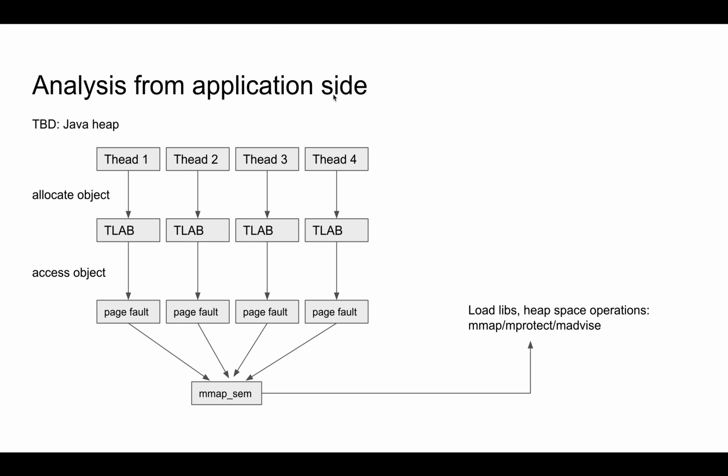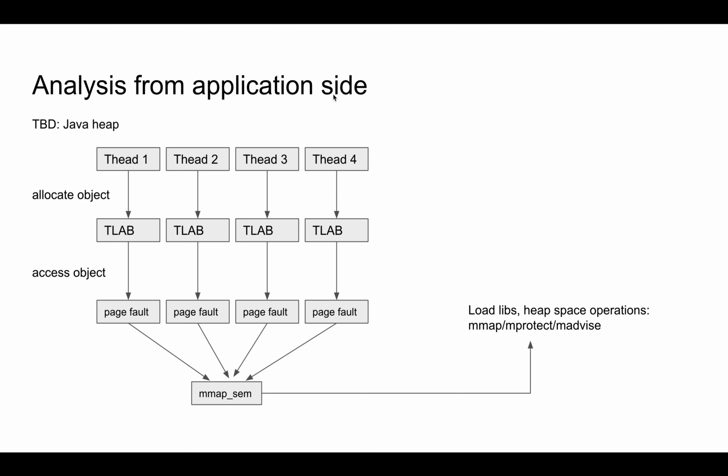So what happens here? Take the Java heap for example. 4 threads allocate objects at the same time. Each of them can allocate memory through a local allocation buffer, which could help allocate memory without locking a global area. After allocation, if the address is accessed for the first time, then a page fault will be triggered.